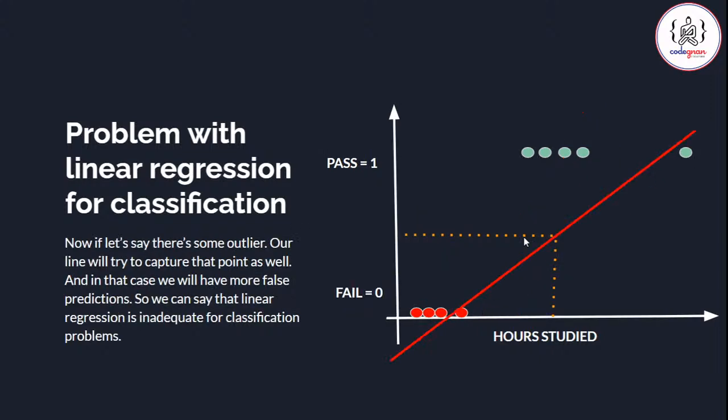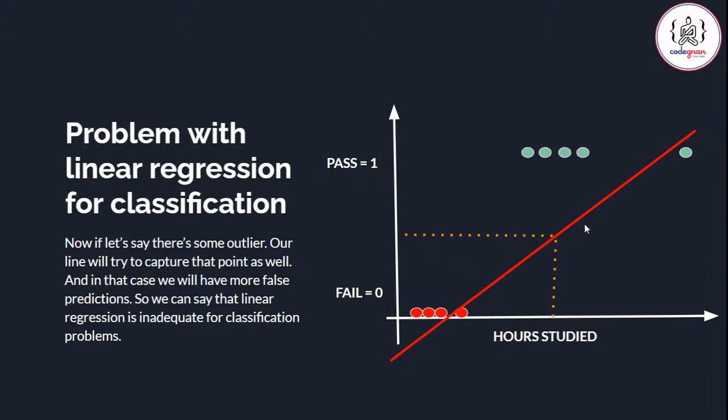But what if I have data points that look something like this, all right? So here we have one outlier. The average number of hours a student studies in a class might be 2 or 3 hours, but there are some brilliant students who study for, let's say, 16 to 18 hours.